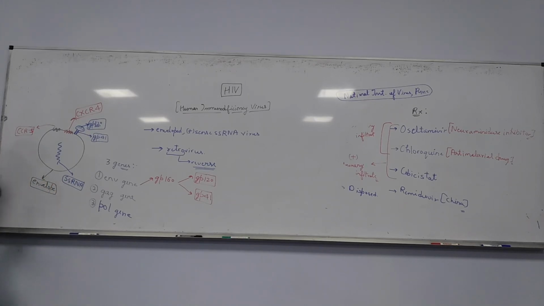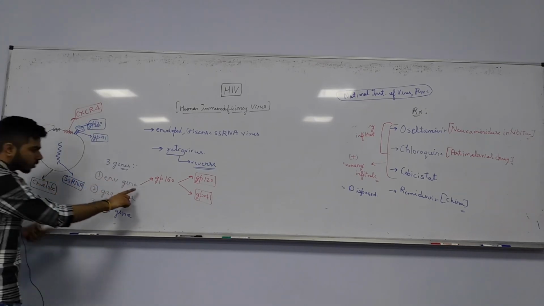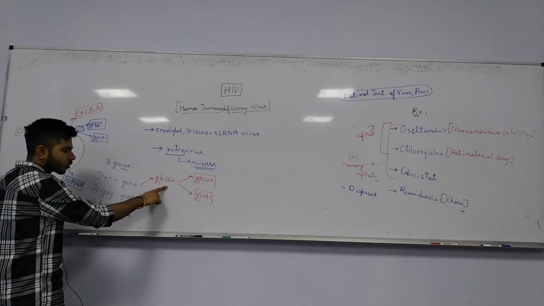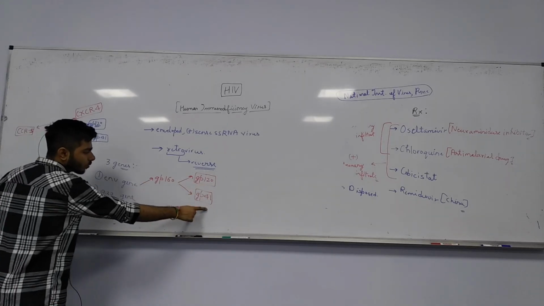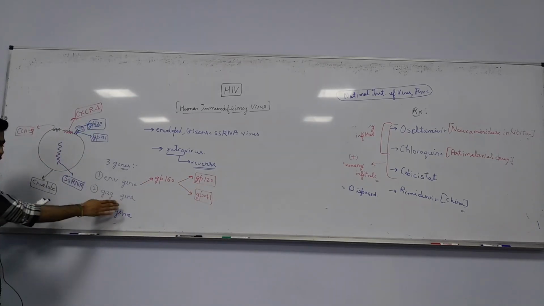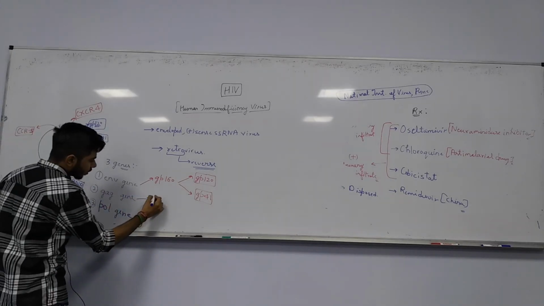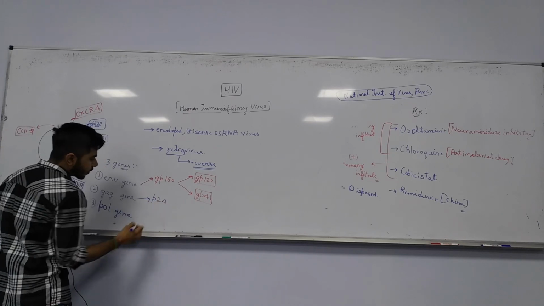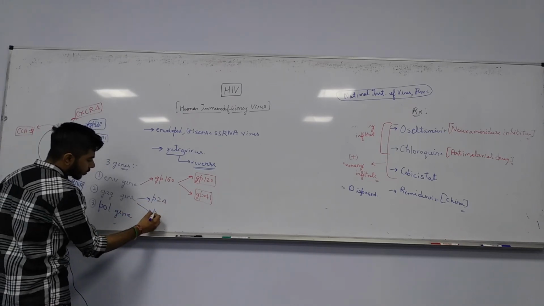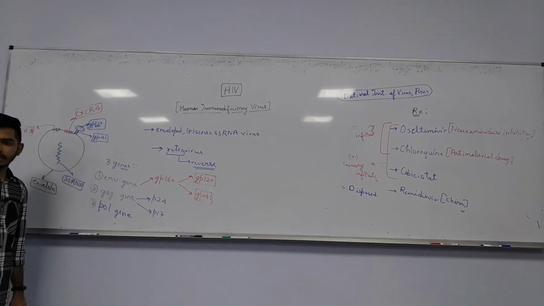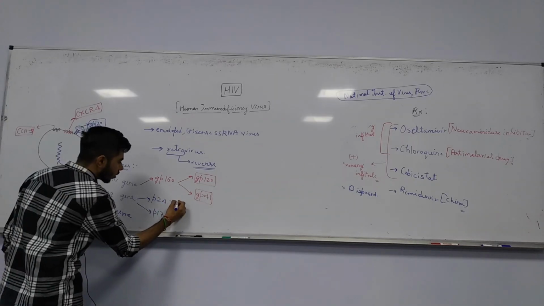Now, I was talking about this. The ENV gene carries GP160. GP160 will cleave down to GP120 and GP41. Then the GAG gene has two components: P24 and P17.